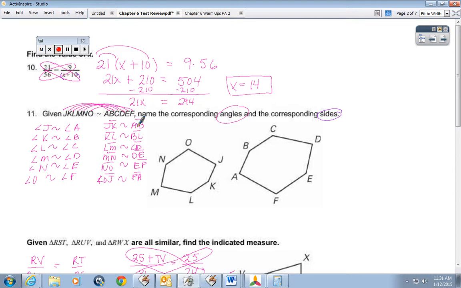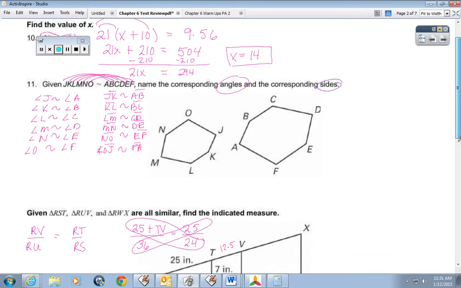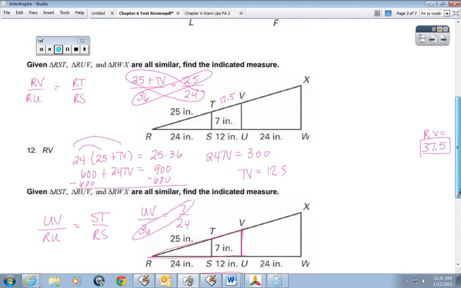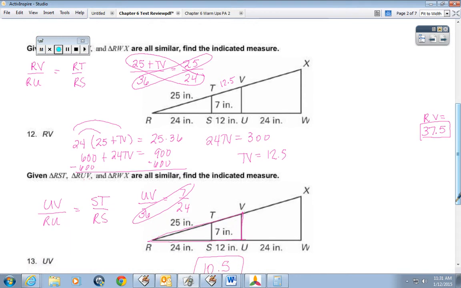On number 12, 12 is more complicated than 13. So on these types of problems, whatever side I'm trying to find is the numerator in my first ratio. I look at the figure, the one that has what I'm trying to find in it.